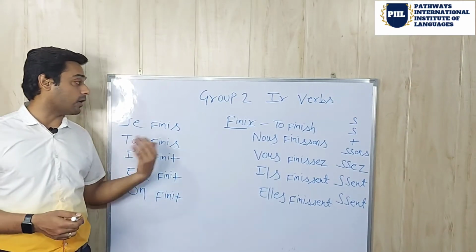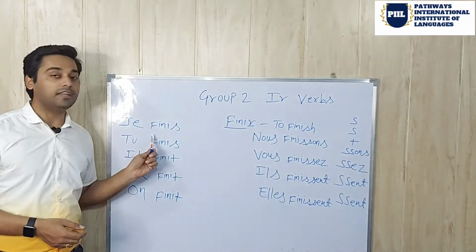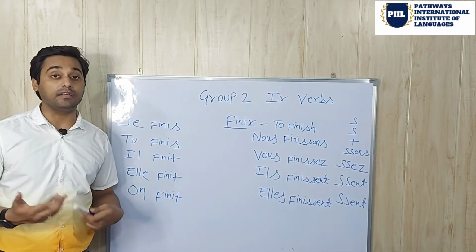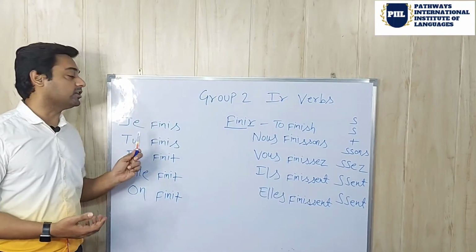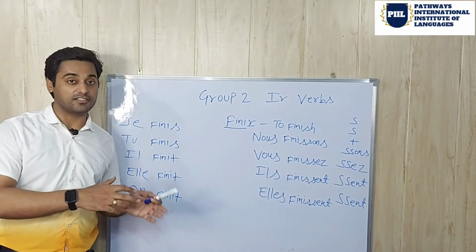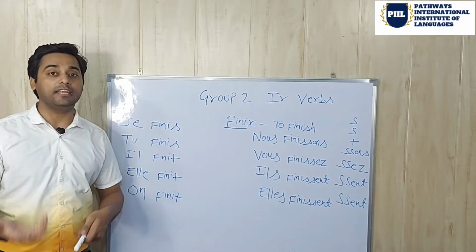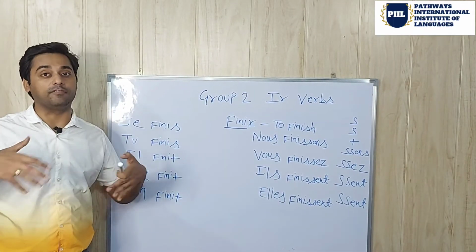Now let's pronounce this verb, finir. Je finis, I finish; tu finis, you finish; il finit, he finishes; elle finit, she finishes; on finit means one finishes or we finish.